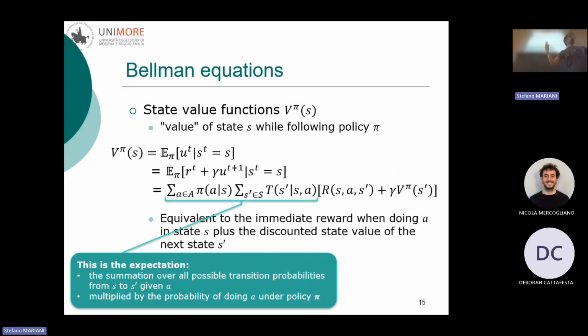If I have two states and one has a higher number, it means that on average, to be more precise, in expectation, the state with the higher V number has a better chance to give me a higher reward. So that's the best next state to try to pick. So I need to do an action that brings me to that specific state with a higher probability. Okay?